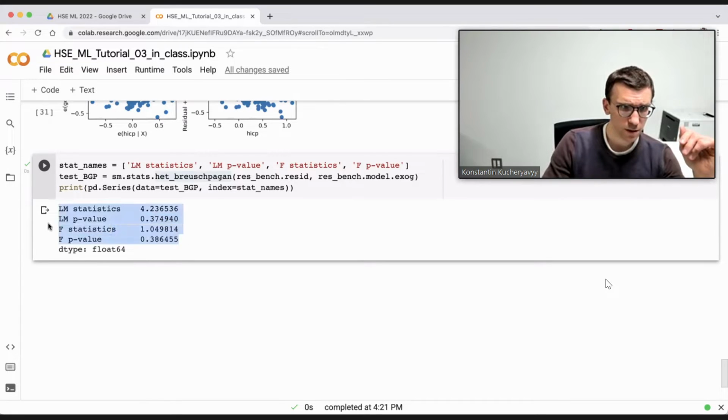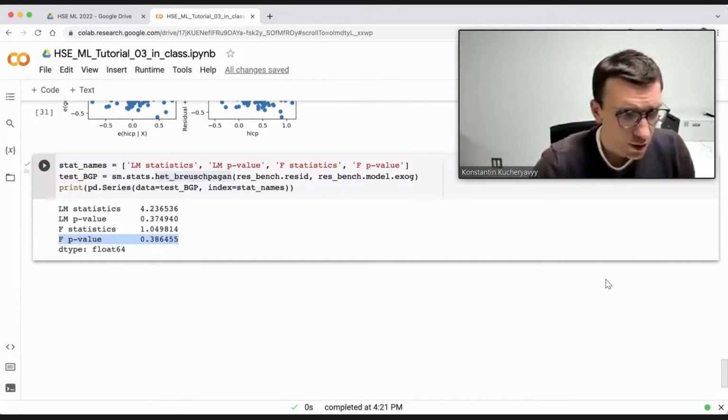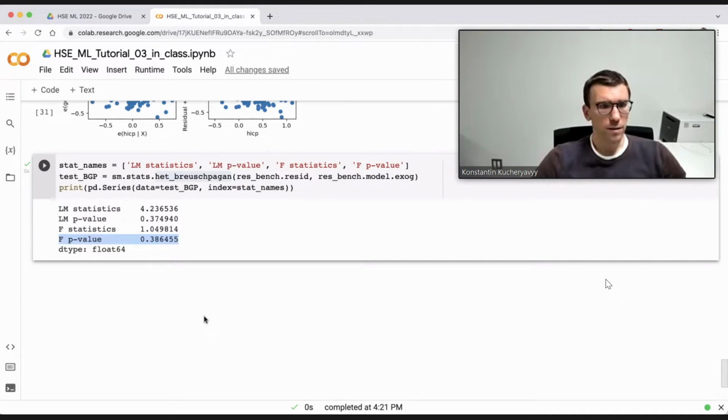We look both at the Lagrange multiplier test and the F-test. They're a bit different, and I'm pretty sure you learned this in econometrics. In another situation you look at both tests, but here they give you the same p-value, so it doesn't matter.